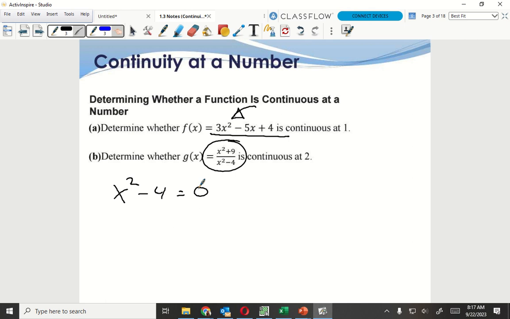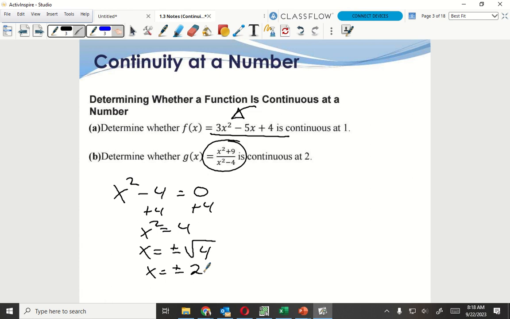Anyway, I'm going to start by adding 4 to both sides. x squared is 4. x equals plus or minus the square root of 4. x equals plus or minus 2. Whenever I take the square root of something, I need to have a plus or minus there.